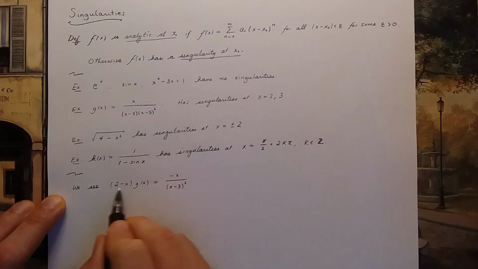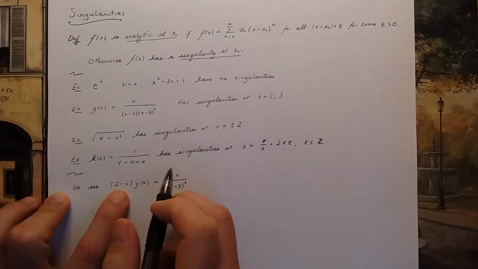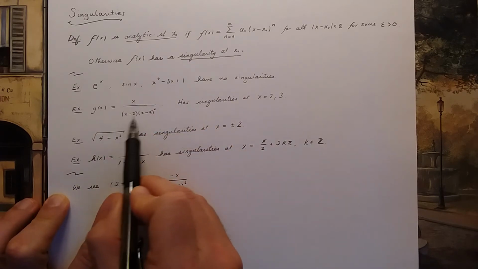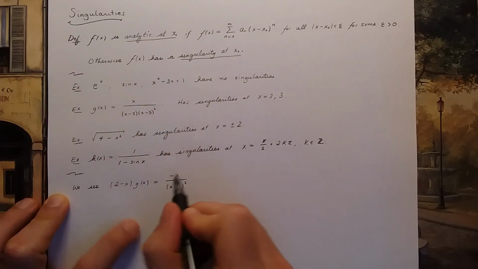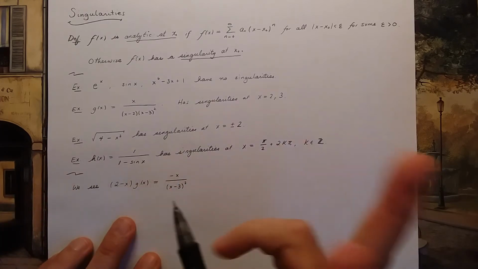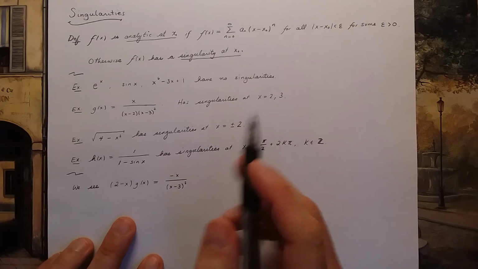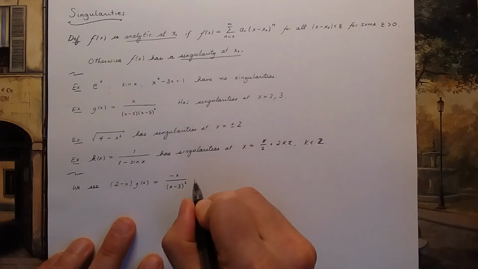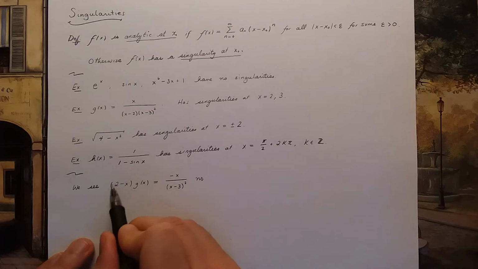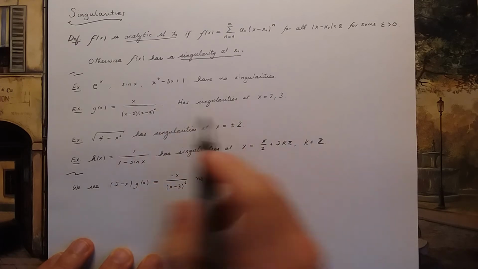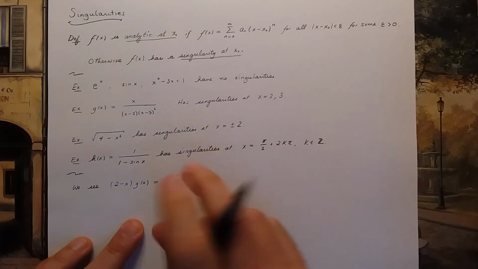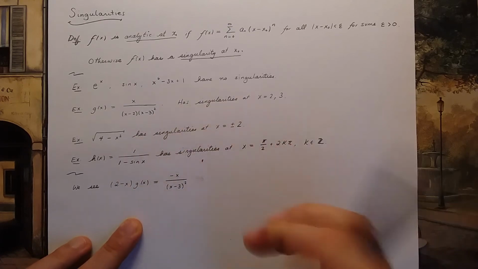So I multiplied by the 2 minus x factor. It canceled with this division by x minus 2, except giving me a negative 1. So when I did this operation, I removed the singularity at 2. So this no longer has a singularity at 2.